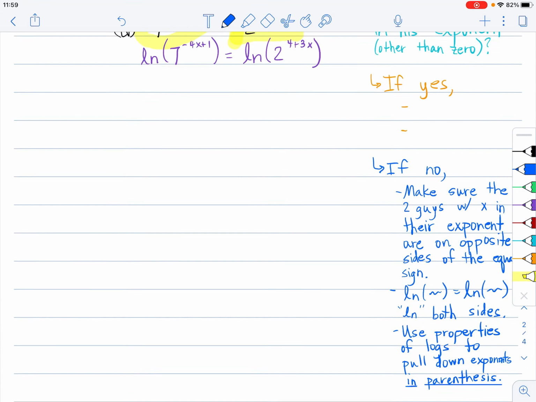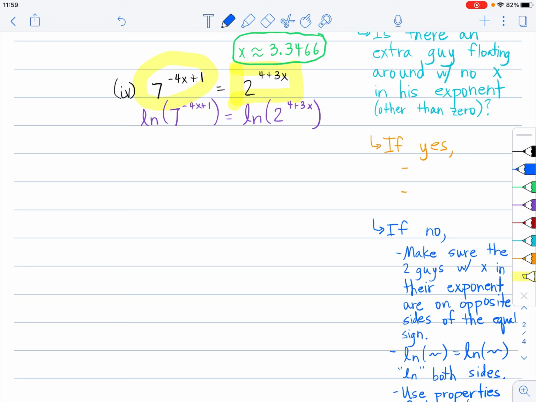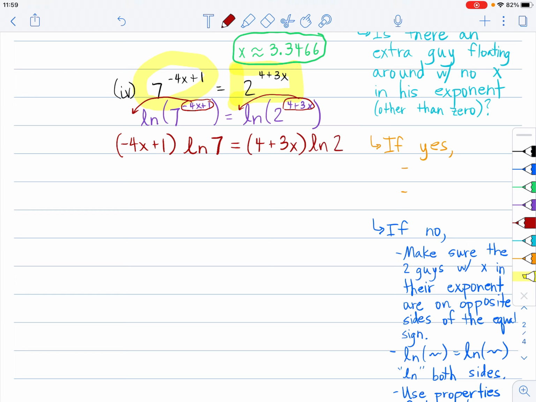And so what that's going to look like is properties of logs allow us to pull these guys down to the front. That's what we're going to do. And when we pull down negative 4x plus 1 times ln of 7 equals 4 plus 3x times ln of 2, when we pull those exponents down, they need to be in parentheses.